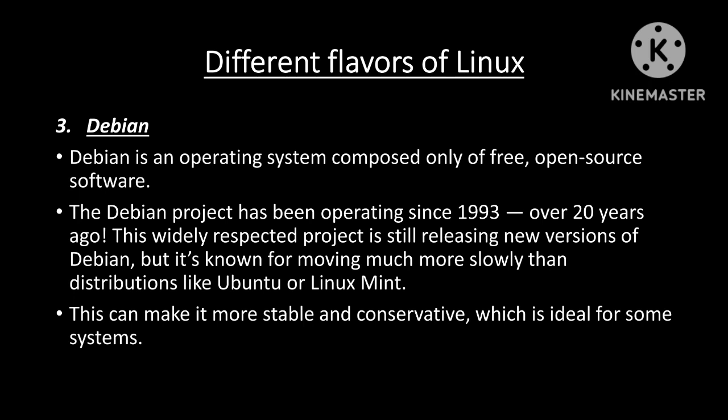This widely respected project is still releasing new versions of Debian, but it's known for moving much more slowly than distributions like Ubuntu or Linux Mint. This can make it more stable and conservative, which is ideal for some systems.